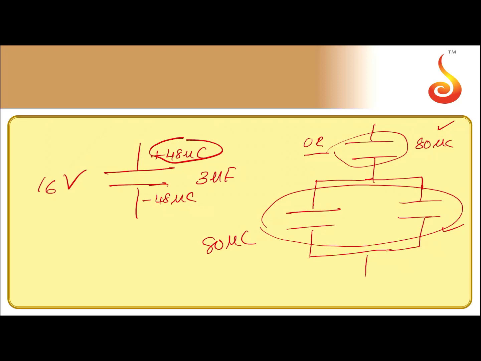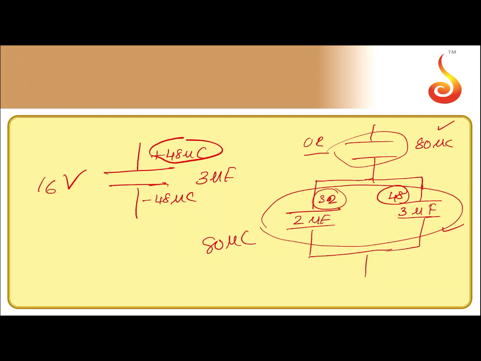In parallel combination, charges divide in the ratio of the capacitances. What are the capacitances here? 2 microfarad and 3 microfarad. So now I want 80 to be divided in the ratio 2:3. So how to divide 80 in the ratio 2:3? Is it 32 and 48?